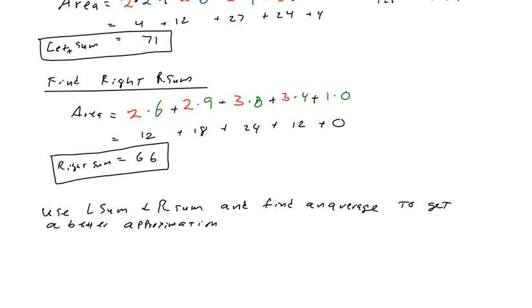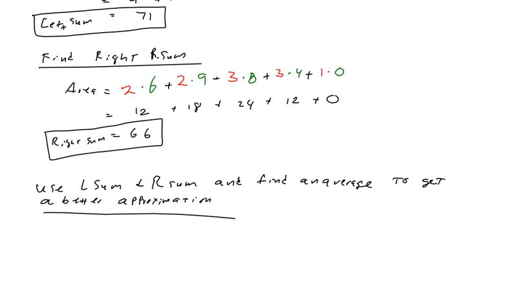So we can say the average is 71 plus 66 divided by 2, which is going to be 137 divided by 2, which is 68.5.